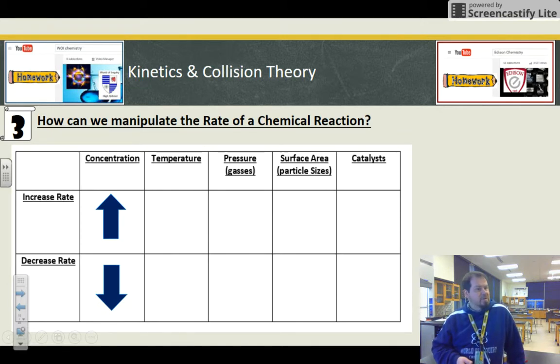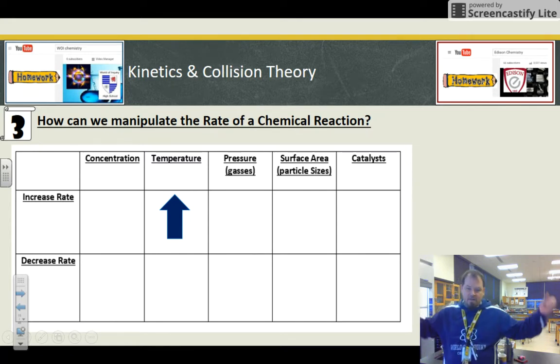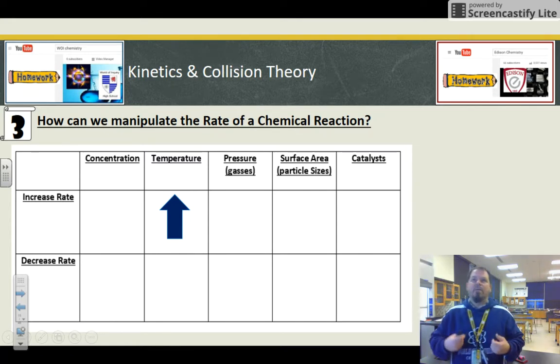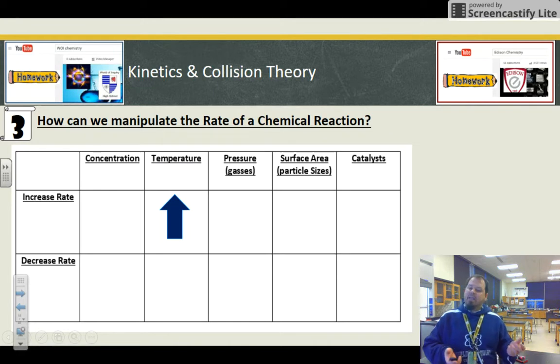You can do arrows or you can take notes, whatever makes sense. Okay. If I increase the temperature, I will increase the reaction rate. Temperature is kinetic energy. If I get them moving around faster, the probability of more collisions happening increases. That's something that's almost inherently obvious, but I can't have you overlooking that. That's one of the most fundamental parts of the entire unit. More collisions, more reaction.